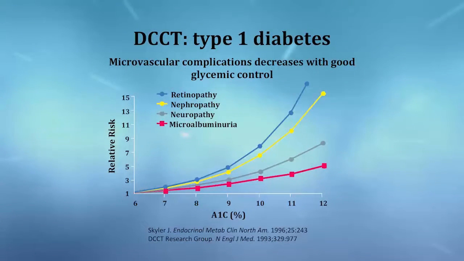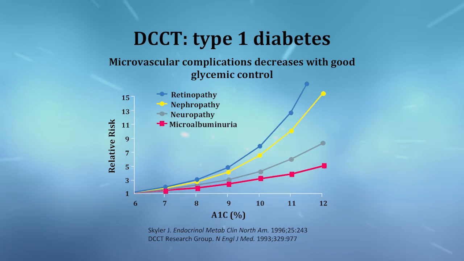Just to consolidate everything we have said and to recap all the important factors for decreasing the complications of diabetes, remember that your diabetic control is the main target. This is seen in this slide with an elegant study that was published in the New England Journal of Medicine in 1993.